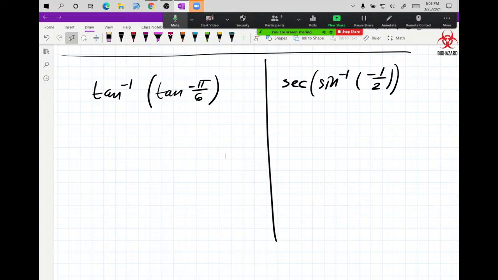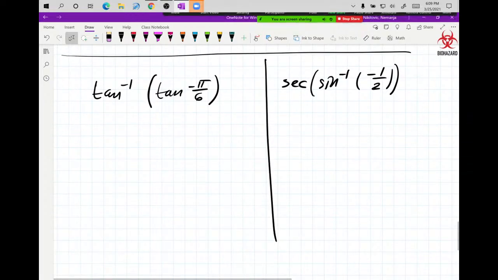All right, let's take a look at these. Tangent is an odd function, and an odd function will kick the minus out, and then inverse tangent is odd as well.